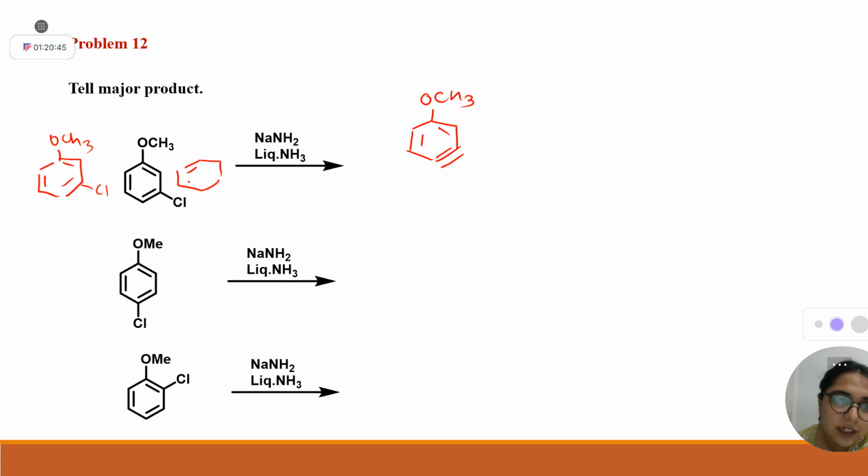We can also write it in this form. Yes or no? What is the difference between these two? These double bonds have been rearranged, but these are the same, yes or no? Same. So if we go this way, then this benzyne is also possible.